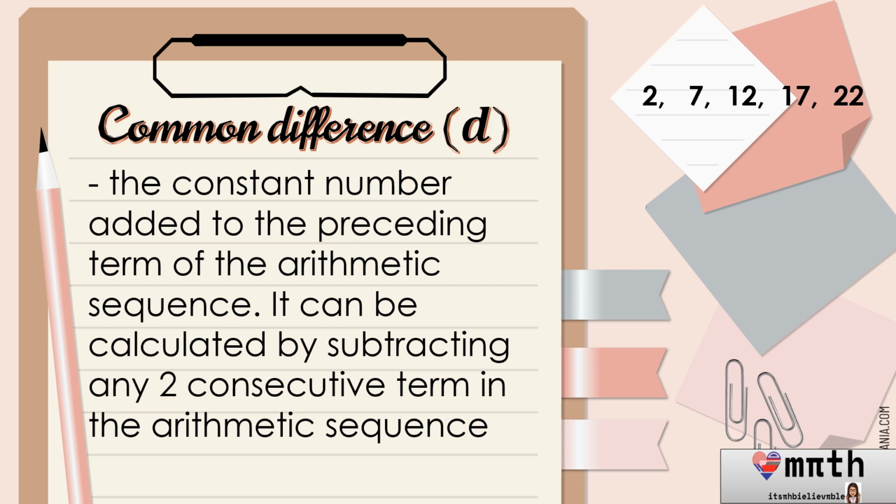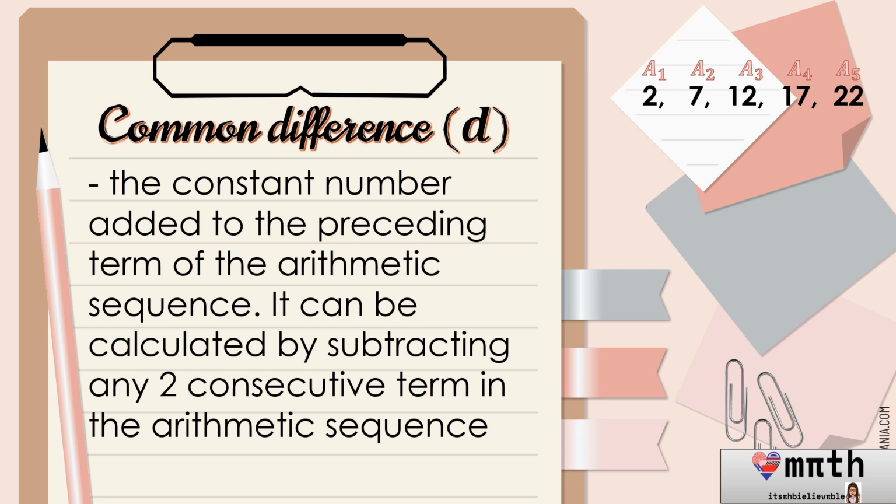In this sequence, we have 2, 7, 12, 17, and 22. 2 is our a sub 1 or first term, 7 is our a sub 2 or second term, 12 is our a sub 3 or third term, 17 is our a sub 4 or fourth term, and 22 is our a sub 5 or the fifth term.